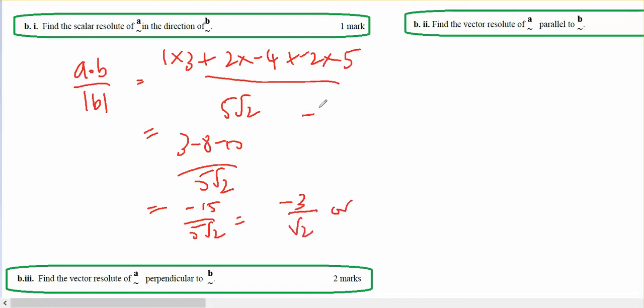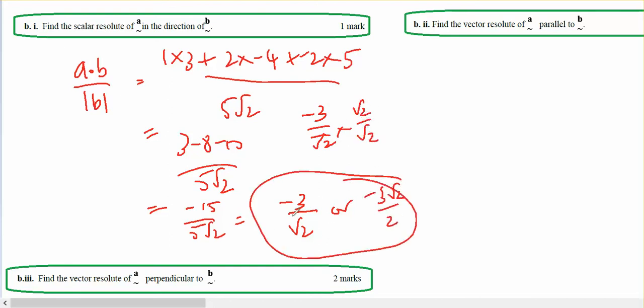Or, rationalising the denominator, times root 2 on root 2, is negative 3 root 2 on 2. Either of those will be the scalar resolute of a in the direction of b.